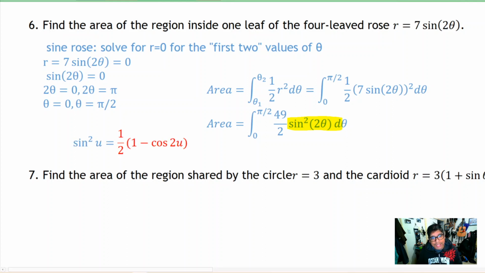To simplify the sine squared 2 theta, we have the handy power reduction formula, where sine squared of any angle u is 1/2 of 1 minus the cosine of double that angle. It so happens that our angle is actually 2 theta. So we get that sine squared of 2 theta is 1/2 of 1 minus cosine 4 theta, which we'll substitute.